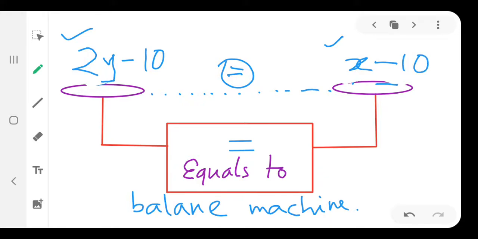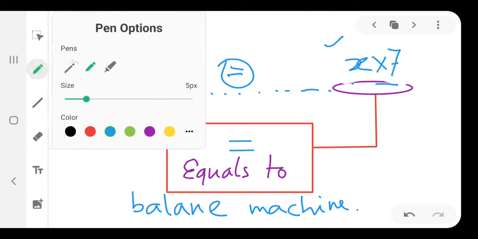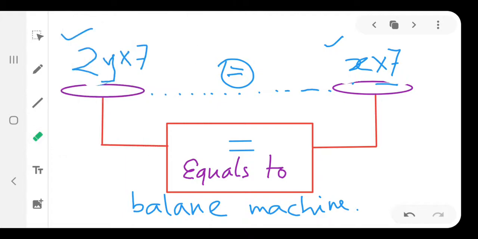Fine? Okay. Not only subtraction, but also I can multiply any number. Let's say 7. So here also I have to multiply by 7. Not only multiplication, but we can also divide by anything. So I can divide here by, say, 3.